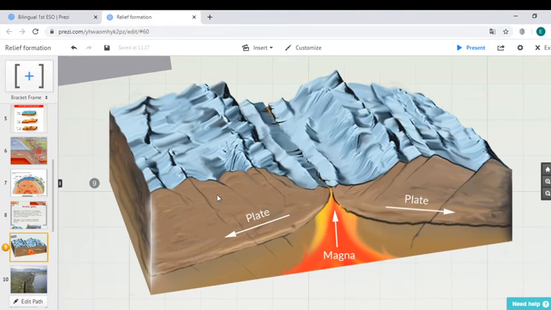So this is the situation. Plate number A is moving in the opposite direction as plate number B. As it happens, the semi-solid materials from the mantle are going to go up, and then they will start becoming solid as they get colder on the surface.